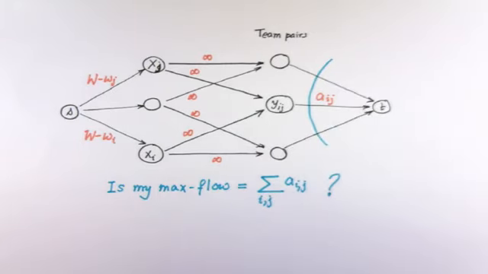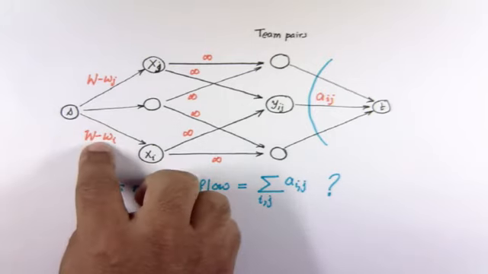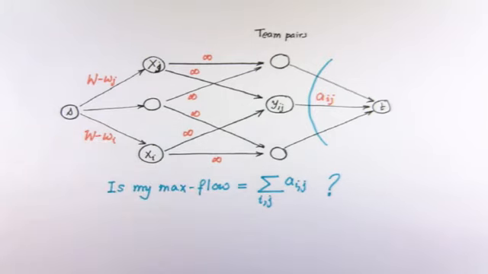But if I get a flow of this size without violating these constraints, that means all the matches have been played out, and there is a way to play them out in such a way that none of the teams have got more than W wins, right?